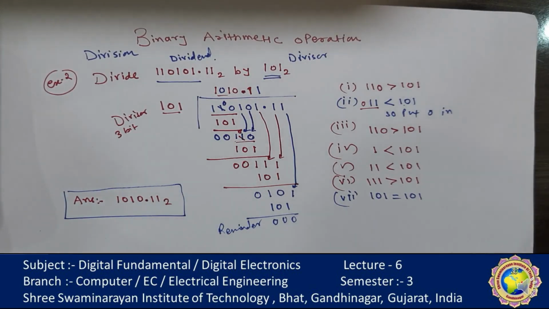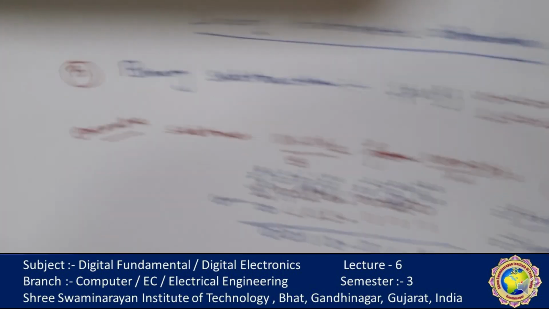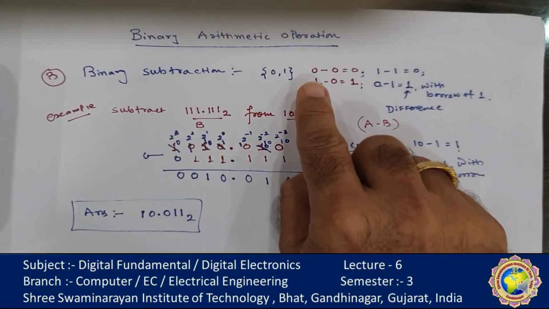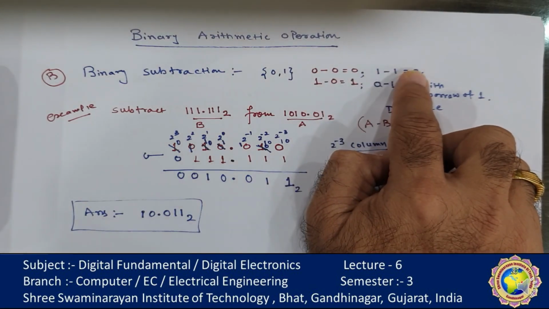So here today we discussed the 3 binary arithmetic operations: addition, 0 plus 0 is 0, 0 plus 1 is 1, 1 plus 0 is 1, and 1 plus 1 is equal to 0 with carry 1. In binary subtraction, we discussed the different ways where we can get 0 minus 0 is 0, 1 minus 1 is 0, both are the same, so your answer is 0.